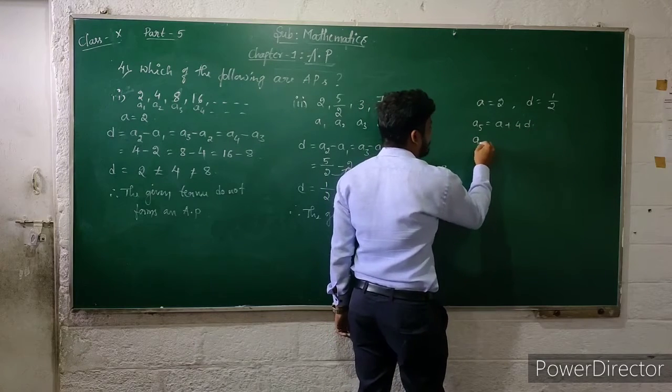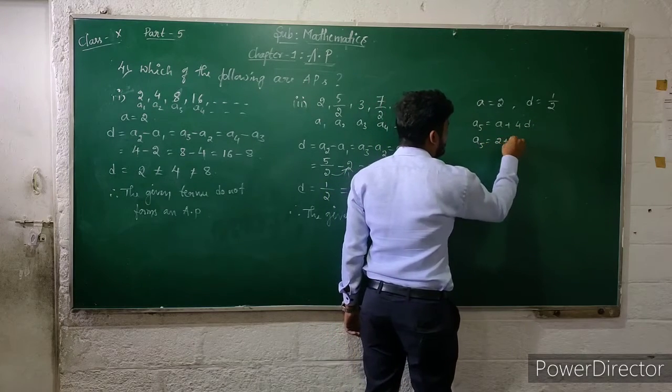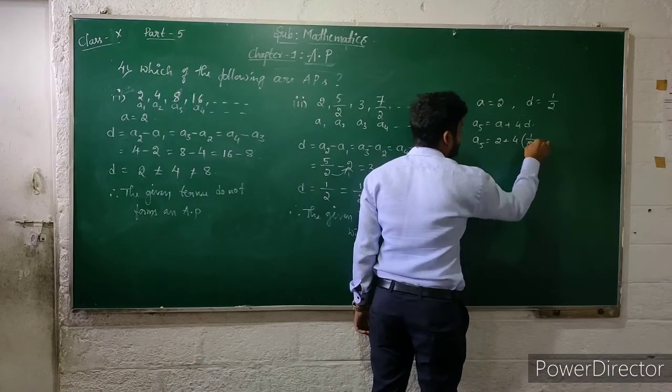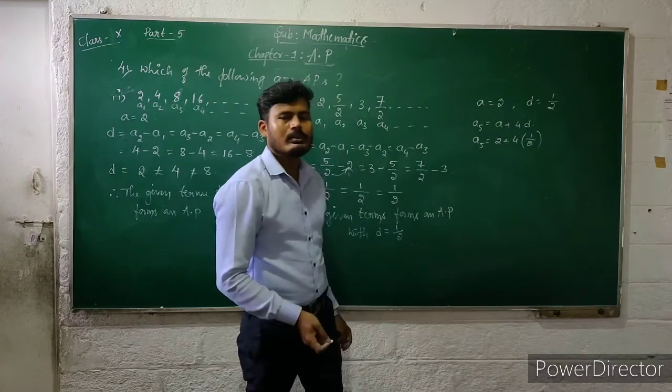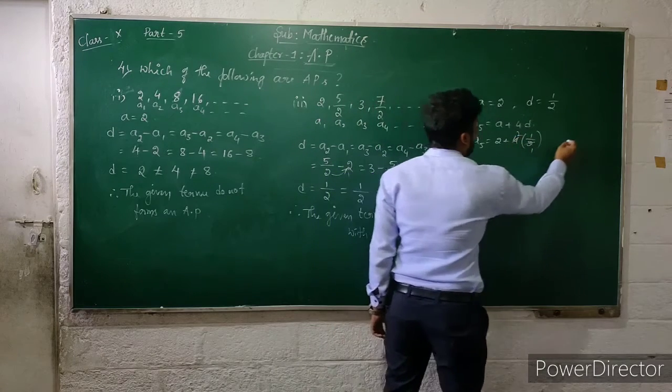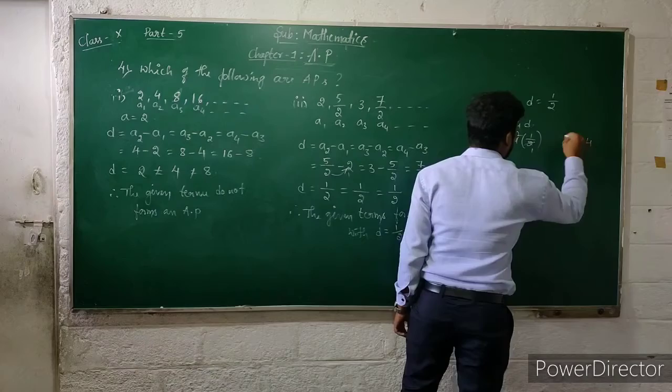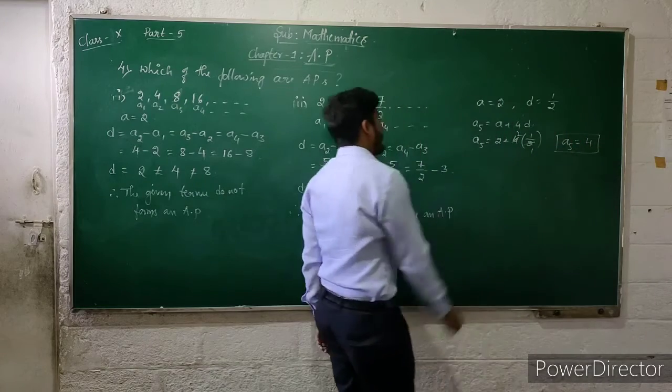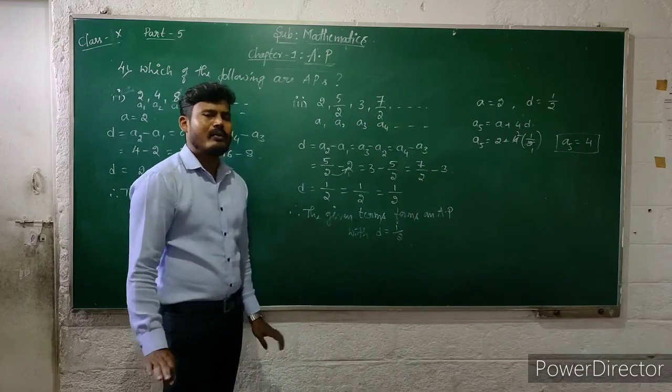That means a5 is equal to 2 plus 4 of 1 by 2. 2 1s are 2, 2 2s are 4, then 2 plus 2, a5 is equal to 4.